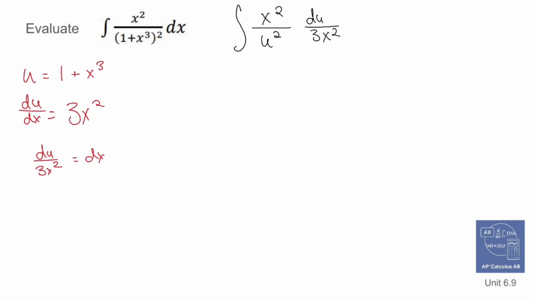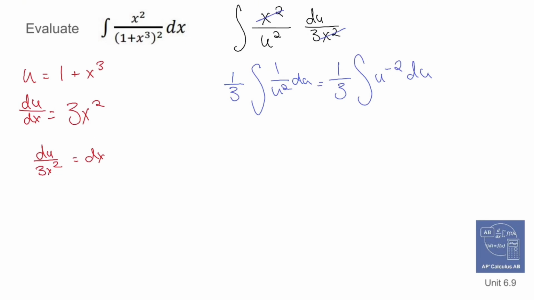So now we're integrating with respect to u. The problem is we have x squareds lingering. Not anymore. Let's rip out a 1/3, all right? So I have 1/3 integral of 1 over u squared du. Now, I don't like the way that looks, so let's rewrite that as 1/3 times the integral of u to the negative second power du.